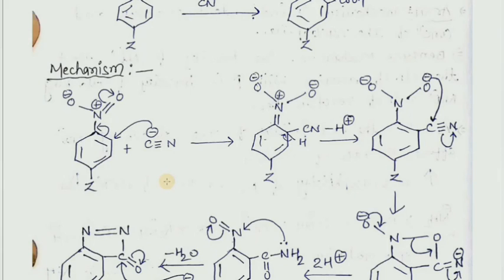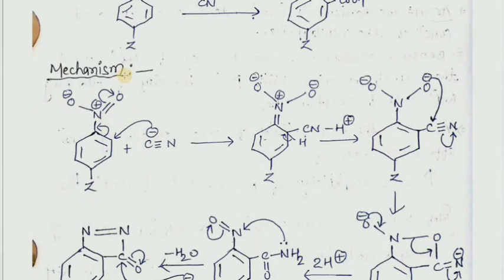So in the first step, cyanide attacks at the ortho position to the nitro group. Cyanide is a nucleophile, so it will attack at that center where electron density is less as compared to the other centers. So here nitro is electron withdrawing, this Z is also an electron withdrawing group.